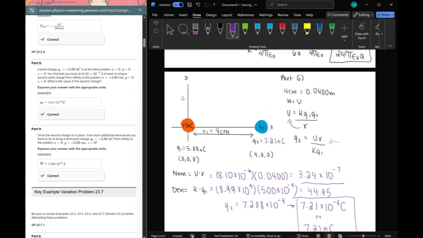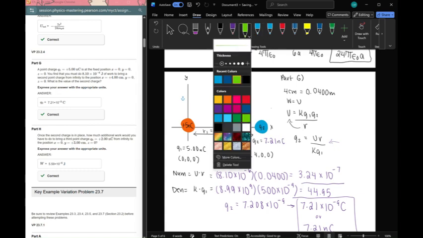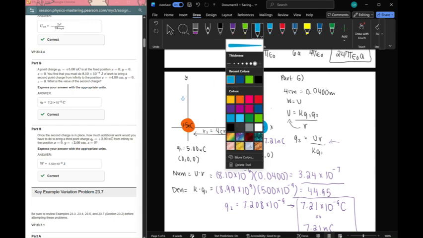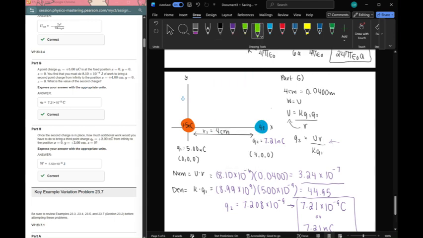Now we know that. Now we have to try to find how much additional work you would have to do to bring the third point charge. That's what I meant. So let's put the third point charge up here.